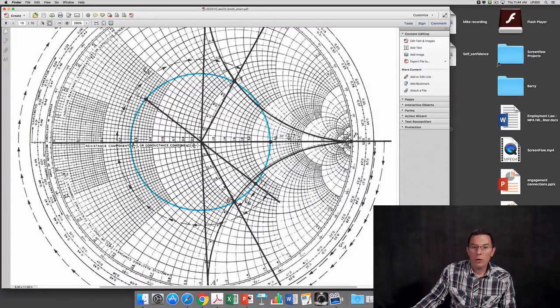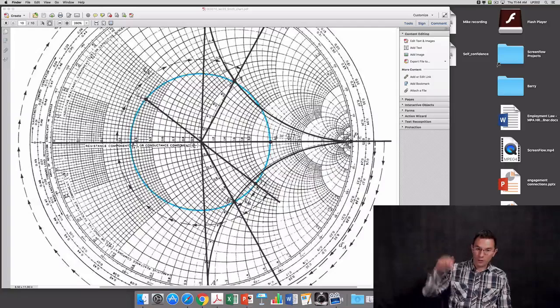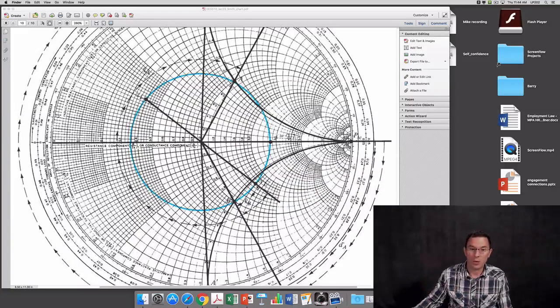Even though what we did is we measured this angle right here, which was 62 minus the negative 39, where we're actually moving, remember, we're moving from the load toward the generator. That's actually clockwise.